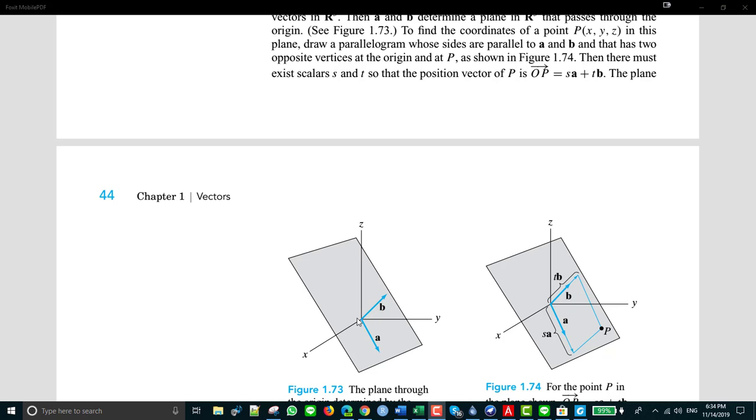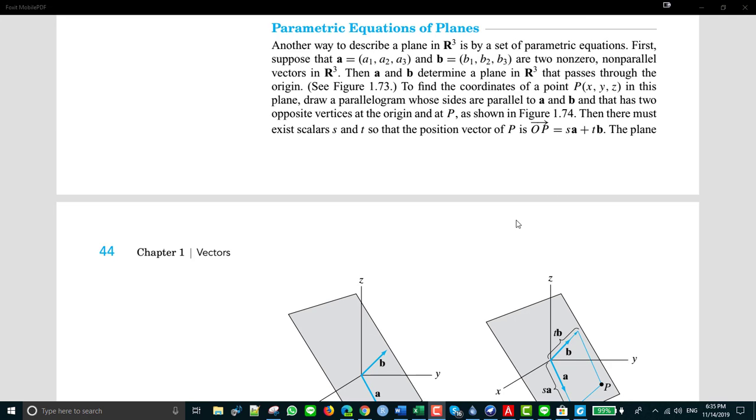So first of all, if we have these two vectors, then we can always talk about the plane that contains those two vectors, as long as they have some point in common. If they don't have a point in common, they could be skew, in which case there's no plane that contains both of them. But if they both originate at the origin, then they have a point in common, the origin, and so there's a plane that they determine, or that passes through them, or that contains both of them.